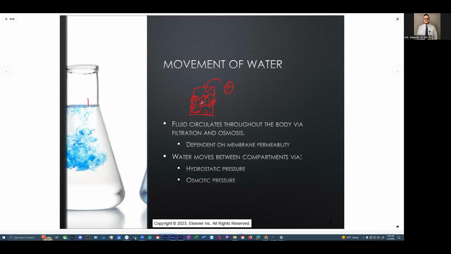So filtration is based on pressure changes. Filtration happens based on pressure. So if you're defining filtration, your best example is a coffee filter, so to speak. How do coffee filters work? Well, we drip hot water on the coffee that seeps through the coffee because of the force of gravity and the pressure this water is exerting on the coffee grounds.